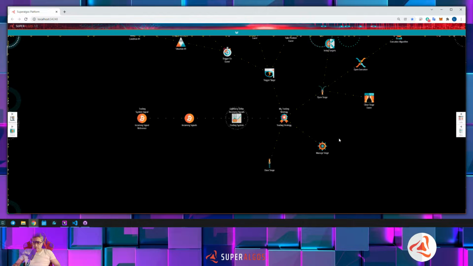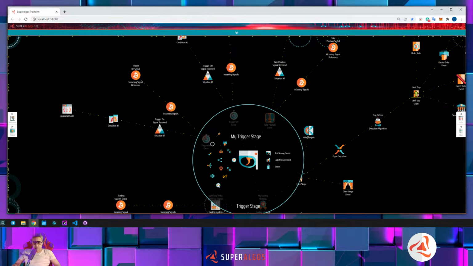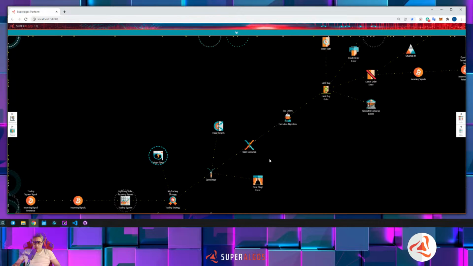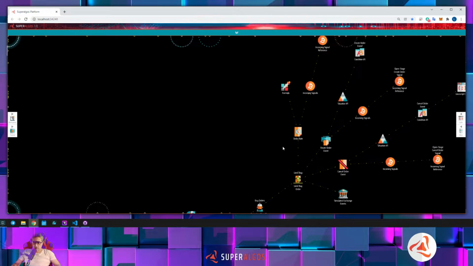If we check here the trading execution node, we are evaluating all the conditions inside this branch, which has essentially two problems. The first one is that we cannot retrieve the specific signals required for each of these nodes.